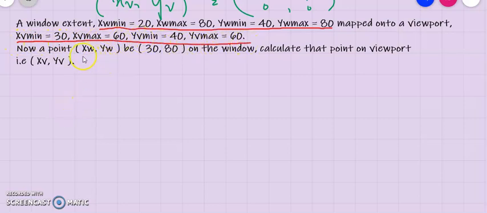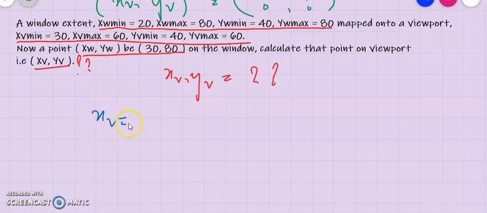Now a point is given to us with xw, yw, and I want to convert it onto the viewport, so I will have to calculate xv, yv. So the thing we are calculating is the values of xv and yv given all the other values. Very simple, I know the formula.